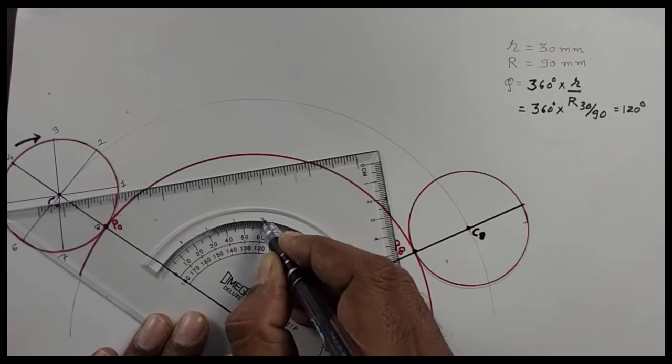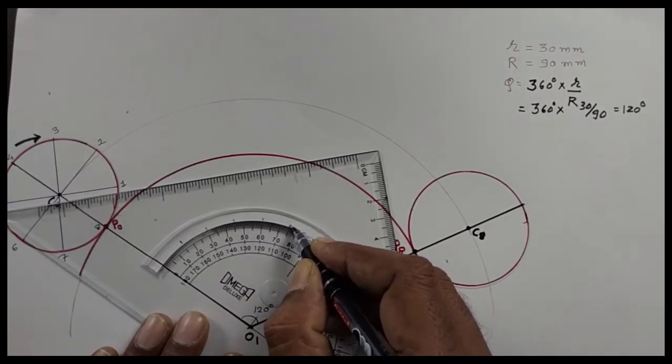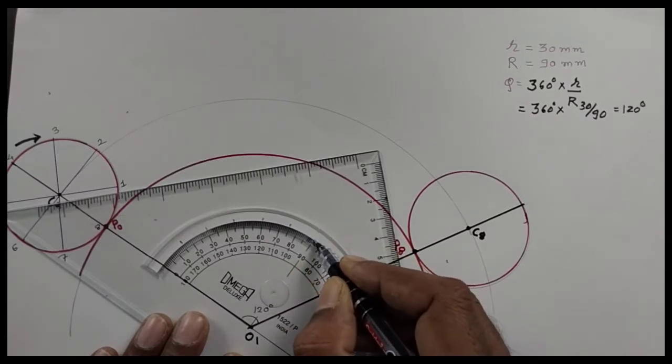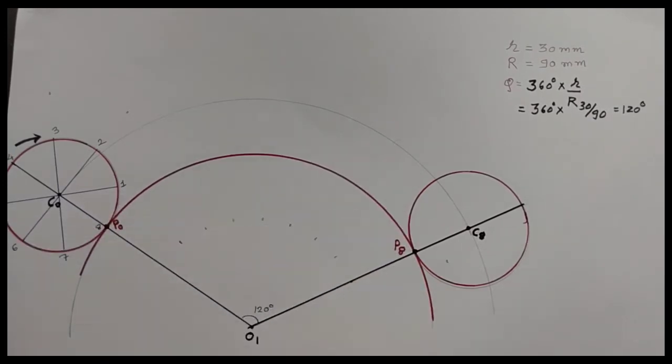So here I am going to divide my entire 120 degree angle into 8 divisions. Why are we doing it this way? Because we already divided our circle into 8 parts.